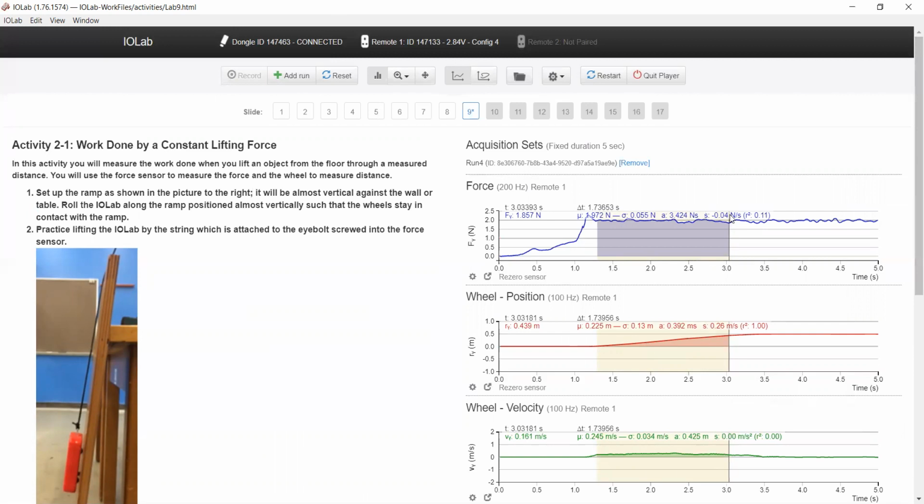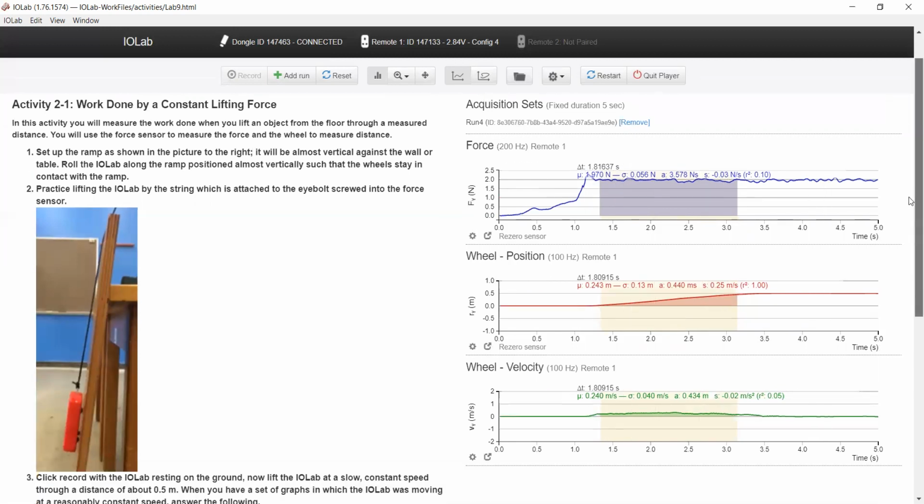Yeah, that should be okay. Or you can select up to the maximum point, starting from around 0 to around the maximum. So what is the average force? There are different constants. So 1.97 Newton.